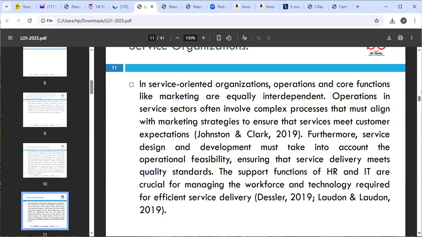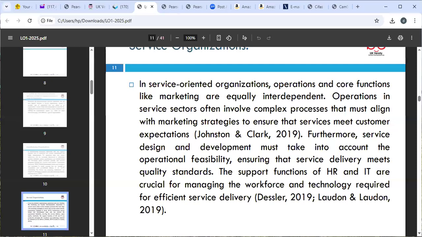And there should be very distinct marketing strategies to ensure that the services the customer expects are delivered per the customer's expectations. So quality standards need to be met. You're talking about the ISO standards, ISO quality management, all kinds of management need to be met when it comes to a service department.